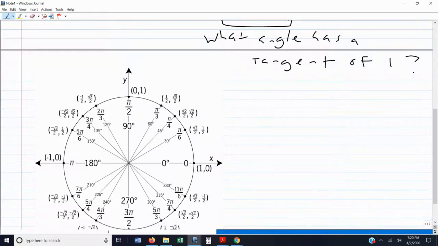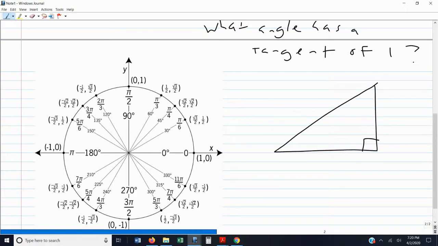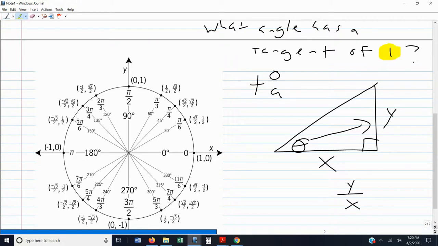I have the unit circle here. And another thing to remember is this is your angle, this is the x value, and this is the y value. So tangent, TOA, is opposite over adjacent, or y over x. So when you are looking on the unit circle, you're looking for where the y coordinate over the x coordinate is equal to 1. If you want to pause and try to find that, you can go ahead.